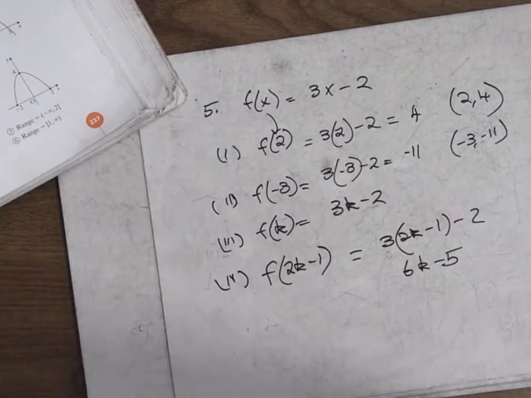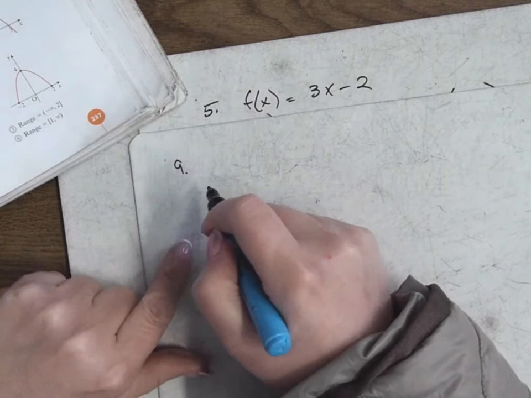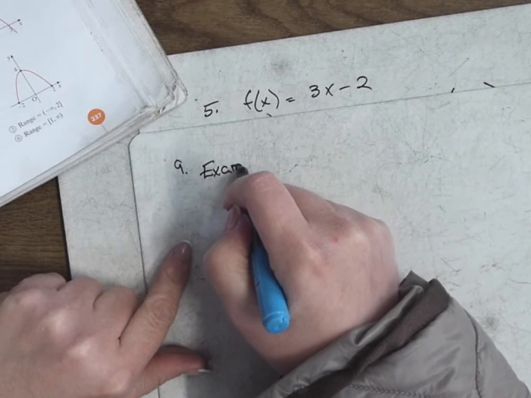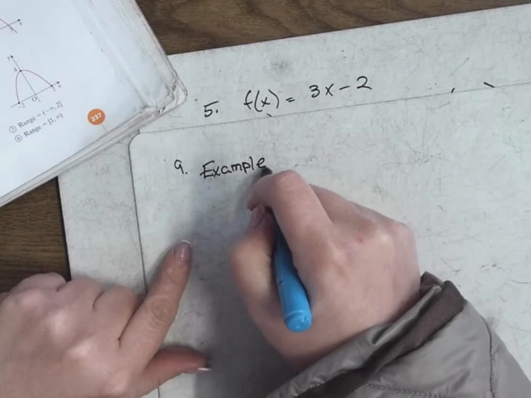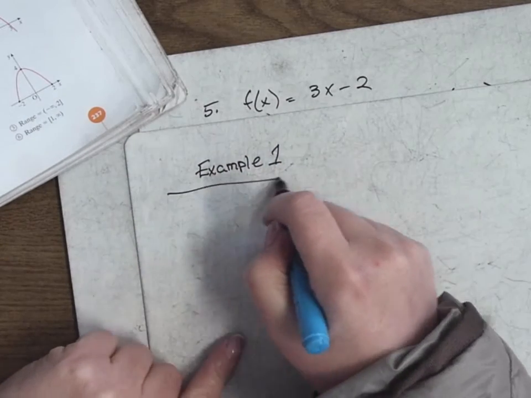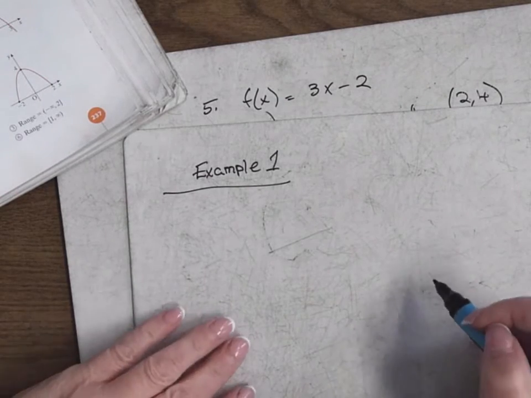Now a harder one. If I look at number 9, you can write this down as an example. I didn't put any examples in yesterday, did I? No, so I'll call it example 1, because it's part of section 1. I'm going to do this example and then move on.